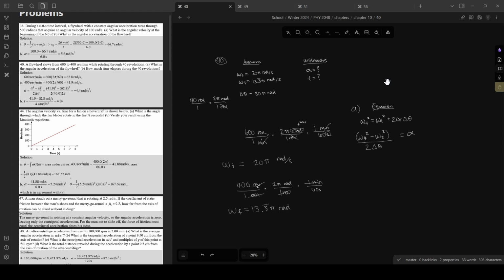Okay, 13.3 repeating pi radians per second squared, minus your omega initial squared, your omega initial, which is 20 pi.